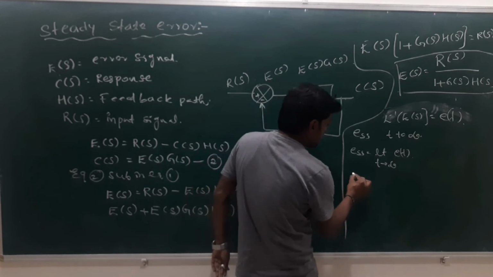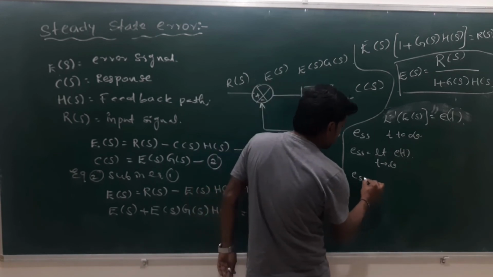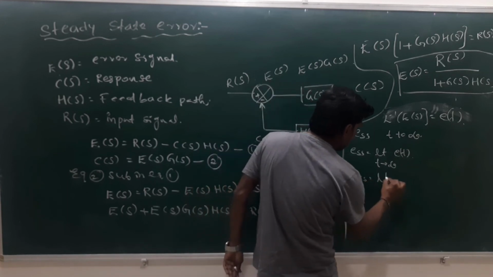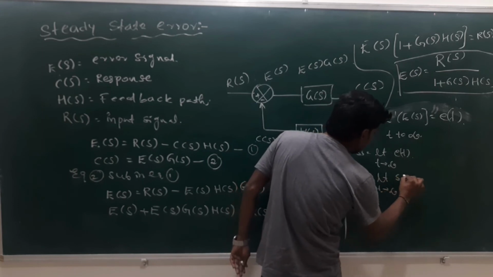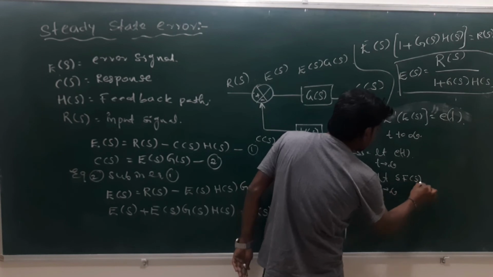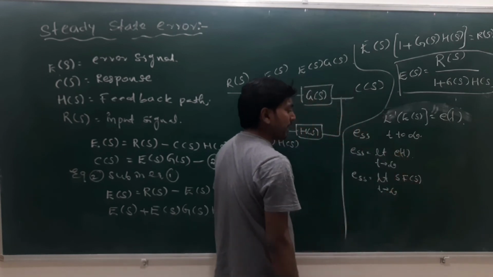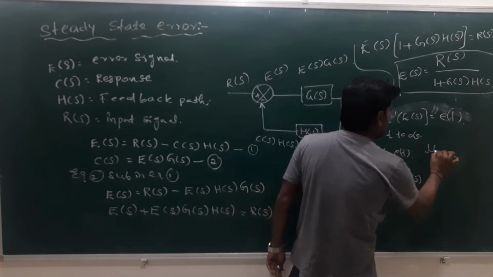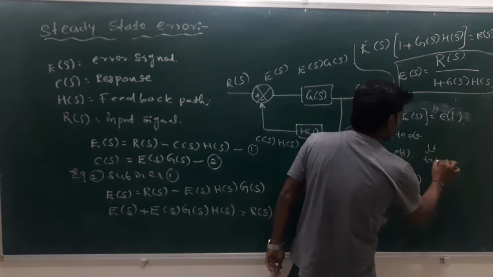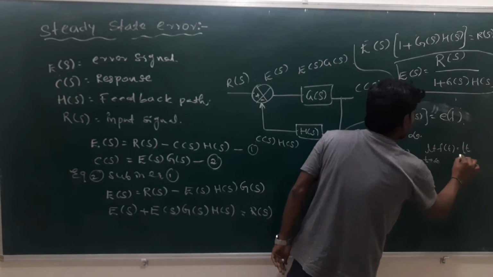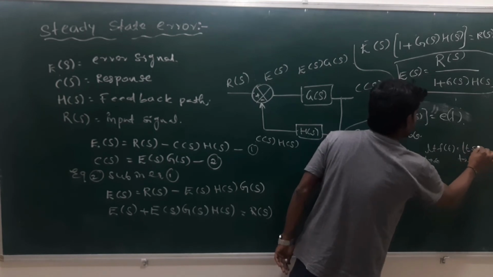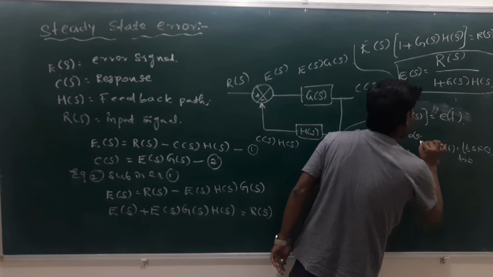By applying the final value theorem, limit t tends to infinity f(t) is equal to limit s tends to 0 s into F(s). This is the final value theorem.